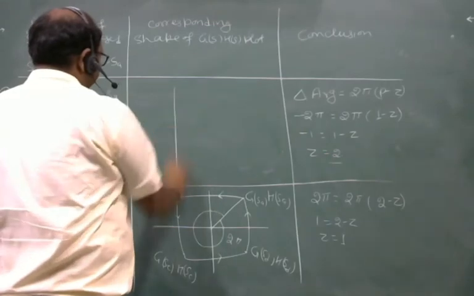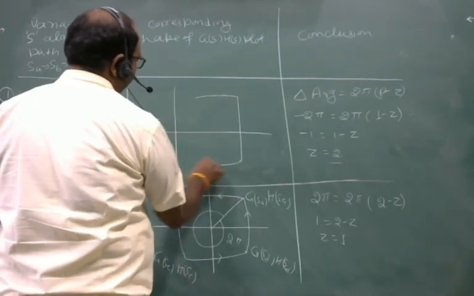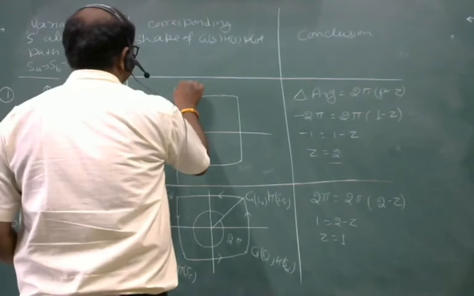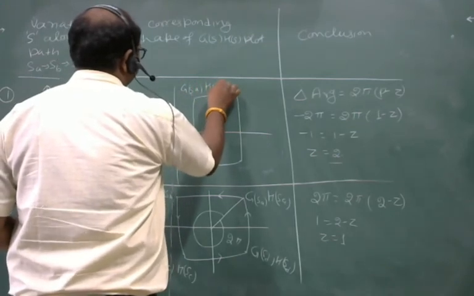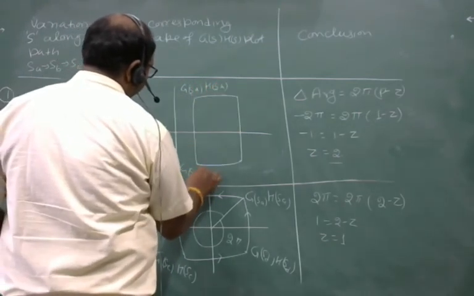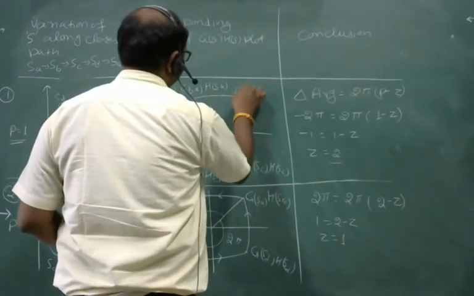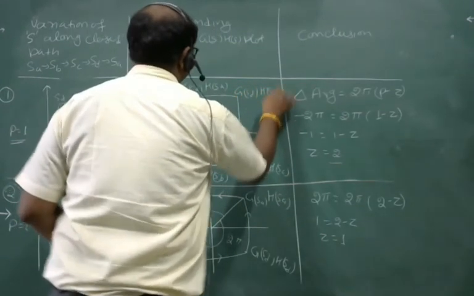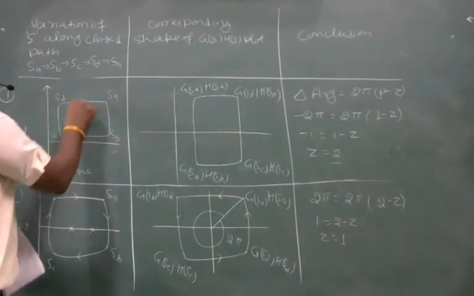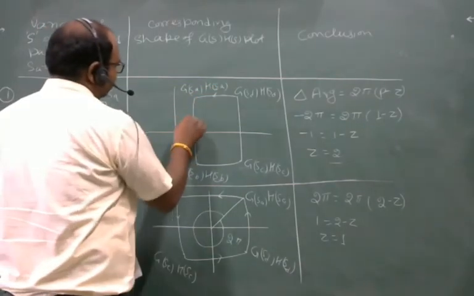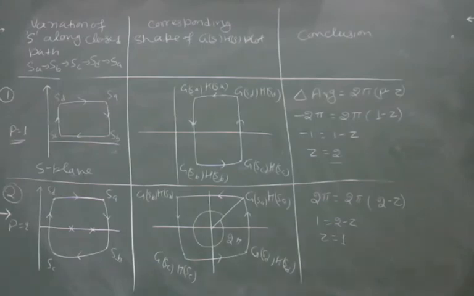Similarly here, if the diagram is like this, GsA, HsA, GsB, HsB, GsC, HsC, GsD, HsD, and let the direction here be clockwise and here anti-clockwise. Look at the diagram.